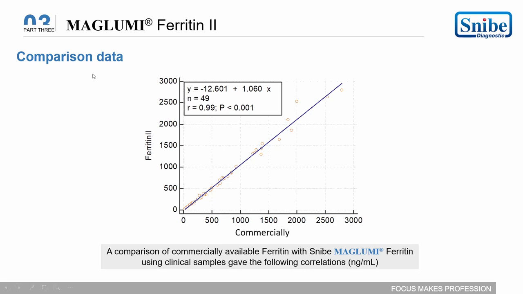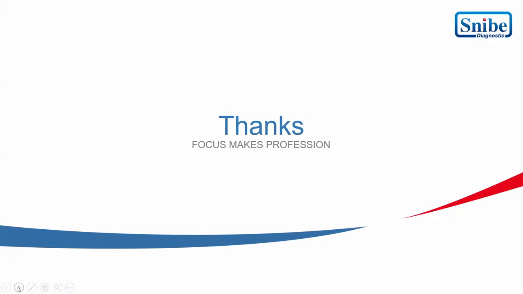If we talk about the regression value for the second generation ferritin with the commercially available ferritin, we have a 0.99 regression value on the basis of 49 samples. So these clinical samples give an excellent correlation of SNIBE second generation ferritin as compared to other competitors' assays. So this is all about the anemia, EPO, and ferritin assays.